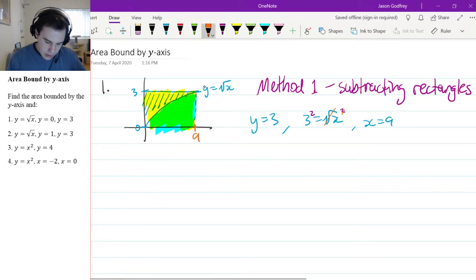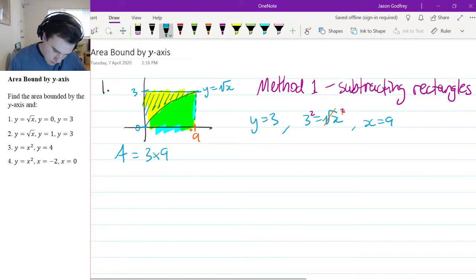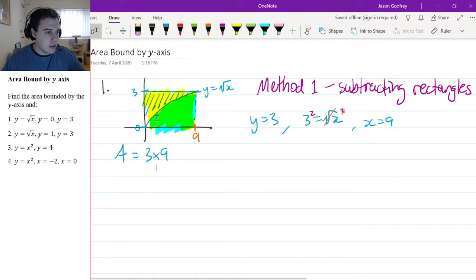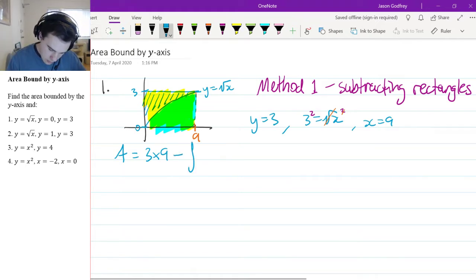So what's the area of the square? Sorry, not the square, the rectangle. Well now the big rectangle is going to be an area of 3 by 9, which will be 27. And then we can subtract away the area under the curve, bound by the x-axis here, from 0 to 9. So we're going to subtract away the area from 0 to 9 of square root x, which I'll write with the power.